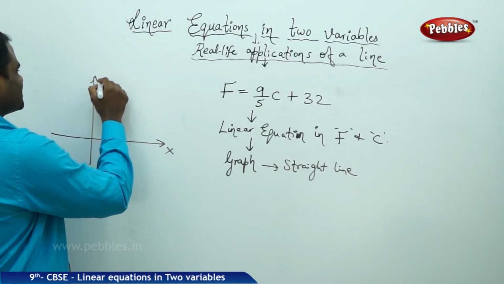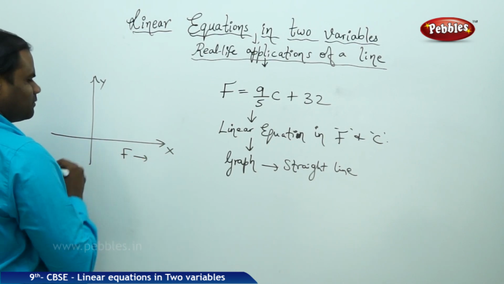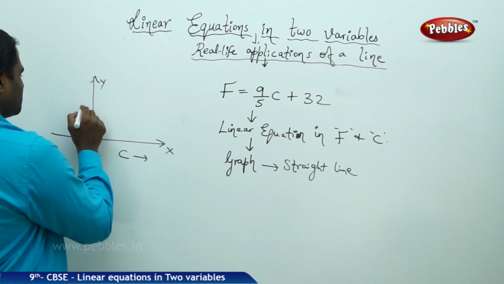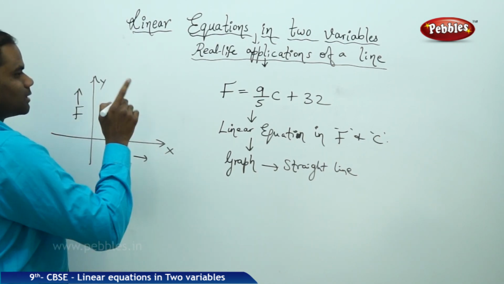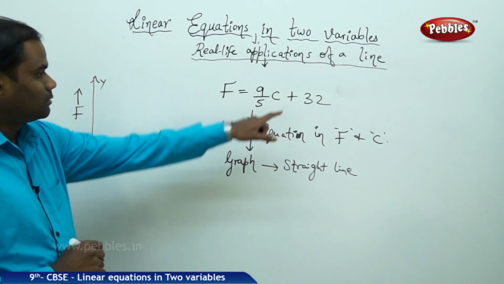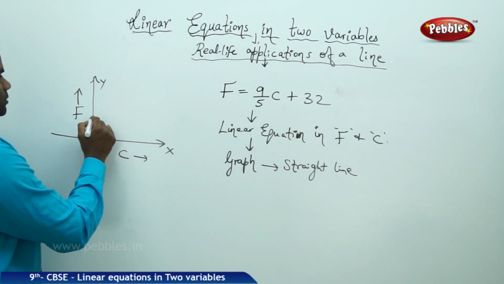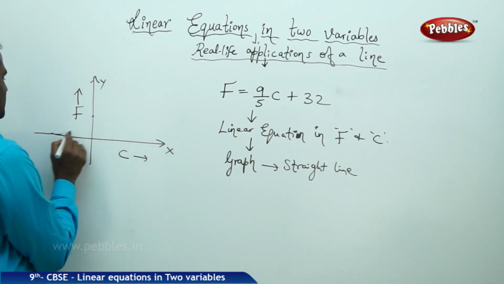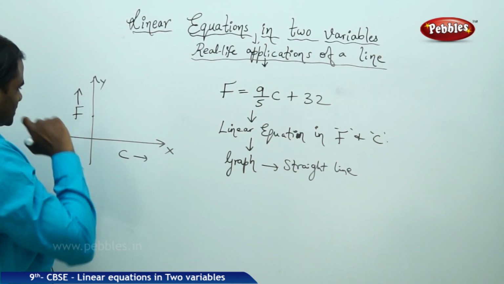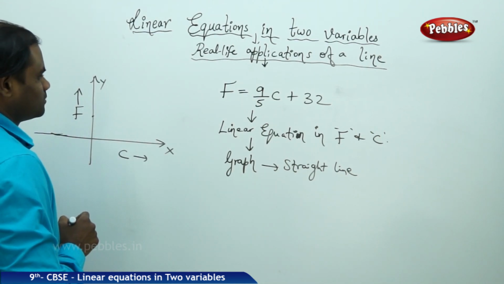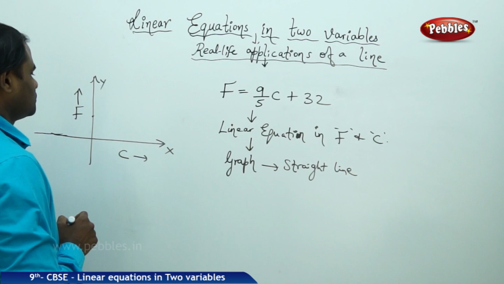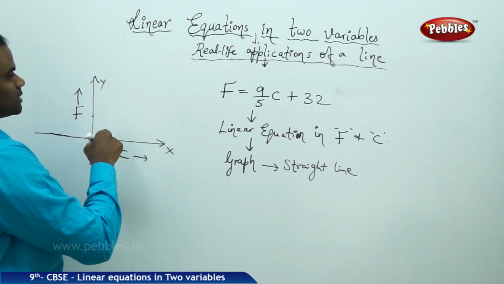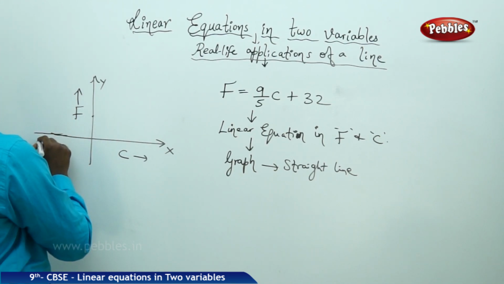That is, when I take this on the x-axis and y-axis, my centigrade scale on the x-axis and my Fahrenheit scale on the y-axis gives me a line with y-intercept cutting at 32, and my slope is positive, so it cuts the x-axis at the x-intercept. When F is 0, I get minus 160 by 9 somewhere out here.